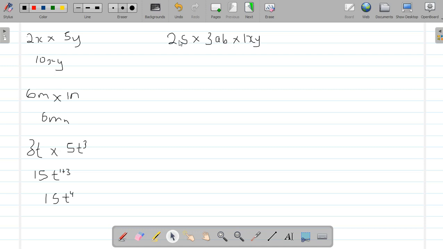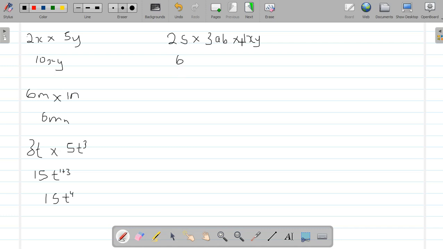So to multiply these, I have 2 multiplying 3 multiplying 1, which is 2 times 3, 6, and then 6 times 1, which gives me the same 6. So when I multiply the coefficients, I'm going to get 6.